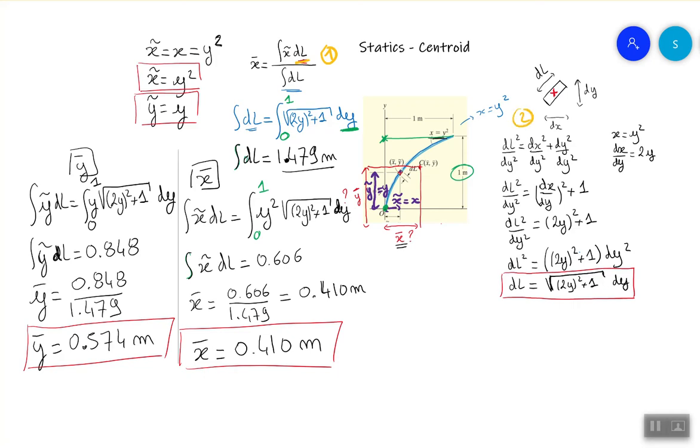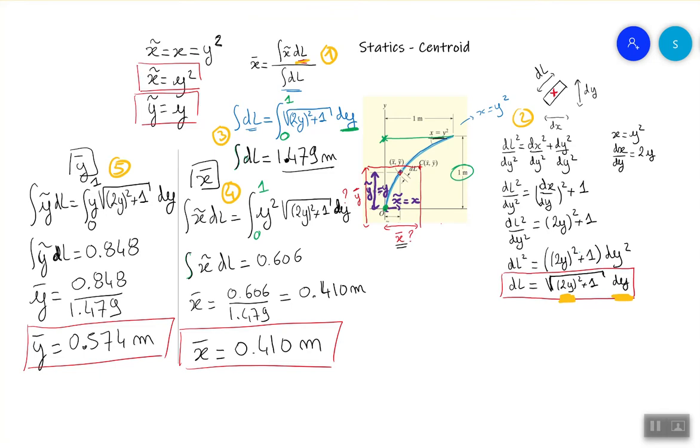That's step number 2. We rewrote dl in terms of either x or y. So we rewrote dl in terms of y, so we only have y left inside our formula. After that, we found dl. We found x tilde dl to find x bar. And after that, we found y tilde dl to find y bar.